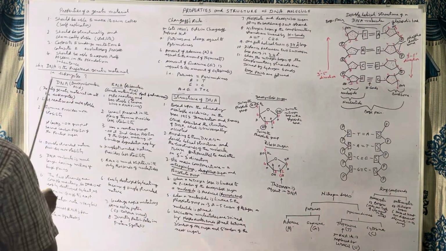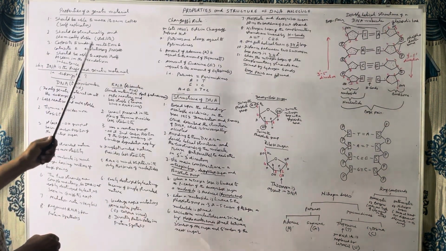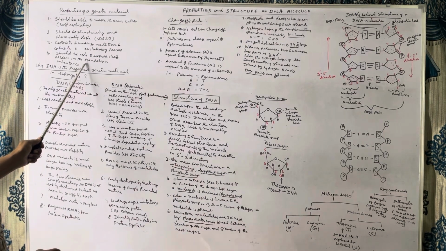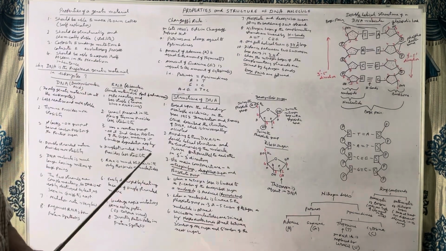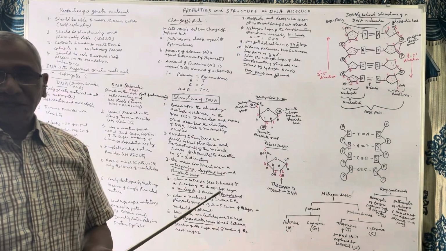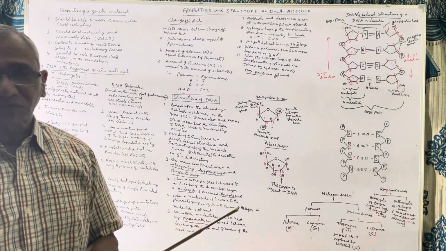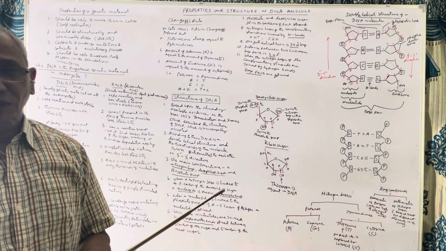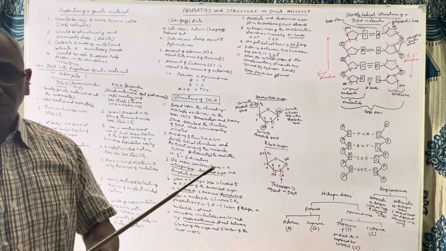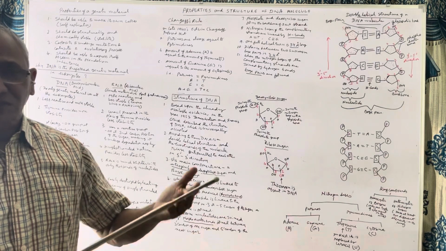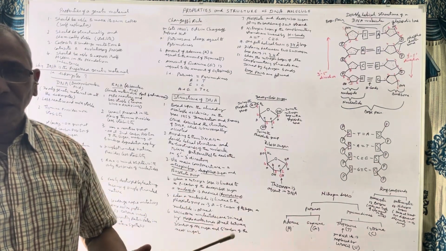Then, it should be able to express itself as seen in the Mendelian inheritance. It must express itself either by making its own copies or by producing mRNA or by controlling our characters, as you have seen in Mendel's laws.